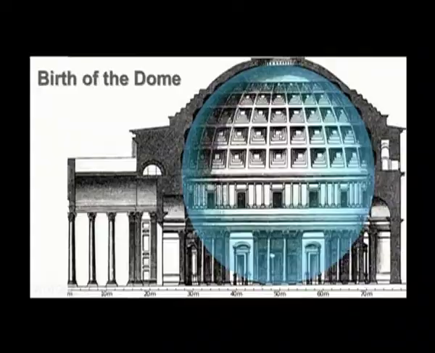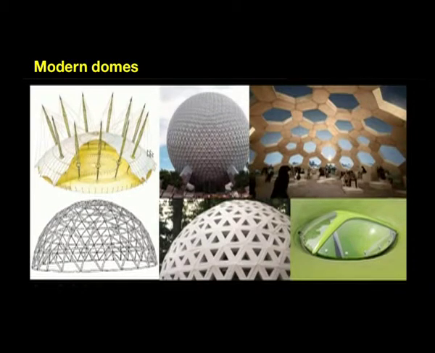But the domes which we make nowadays are much more complicated and much more interesting, because today we have the advent of shell technology. We can calculate mathematical equations to a very precise number. Today's hyperbolic paraboloid structures, hyperbolic structures, are much more common than they were in the previous days. If you could look at these pictures, these are modern day arches.